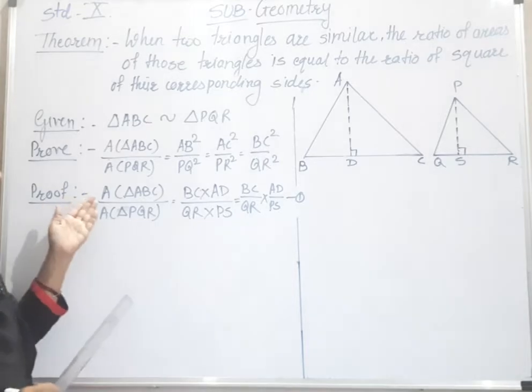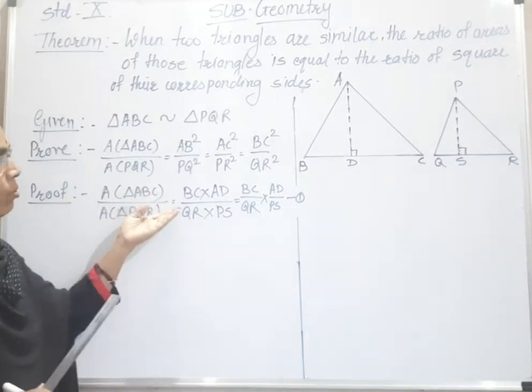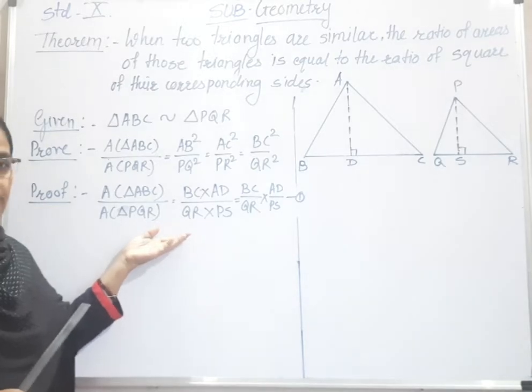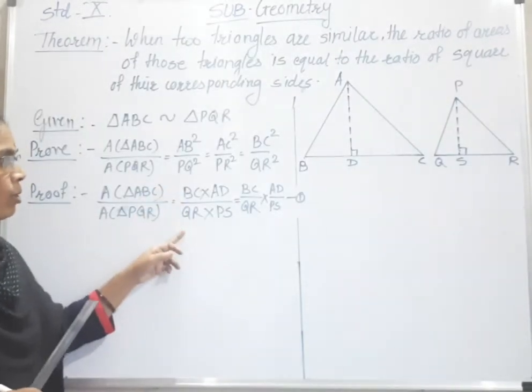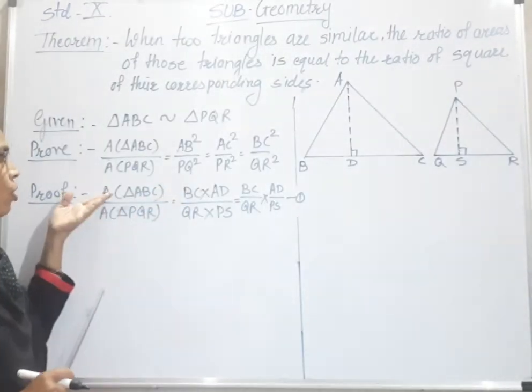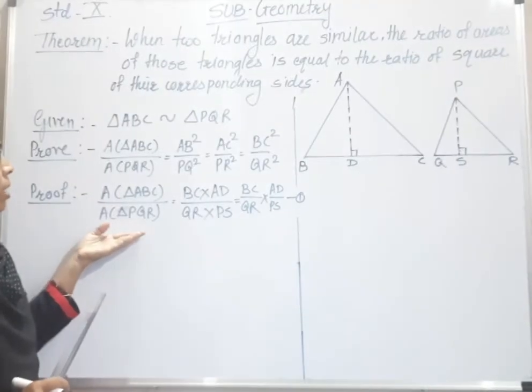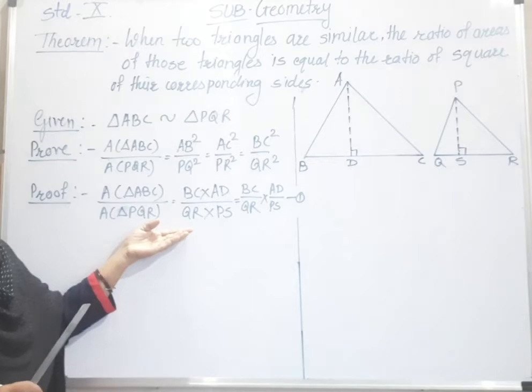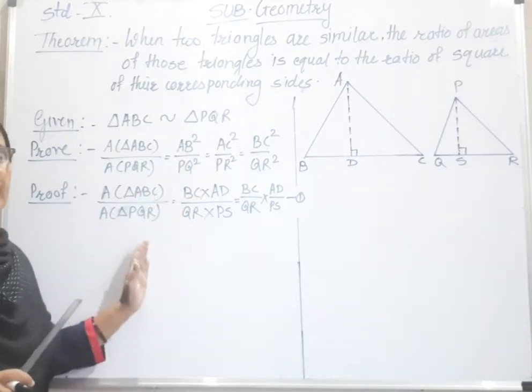Here we are using the formula: area of triangle is equal to 1 upon 2 base into height, but the 1 upon 2 cancels, and the ratio of areas of two triangles is equal to the ratio of the product of their corresponding height and base.